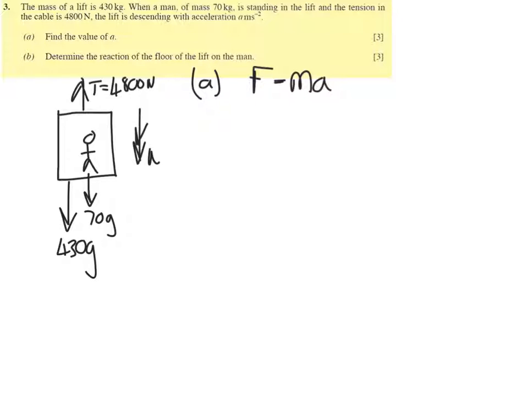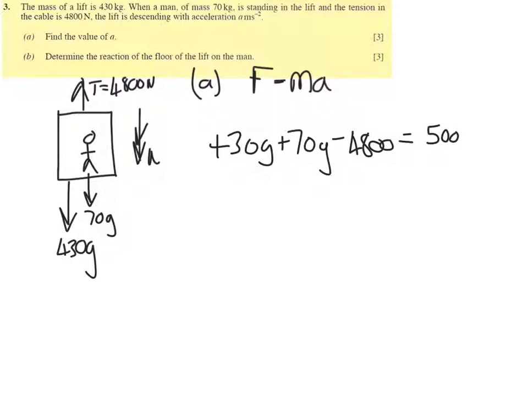So 430G plus 70G minus 4,800 equals the mass of the lift and everything in it, the man and the lift. So that's 500, multiplied by the acceleration, so it's 500A.